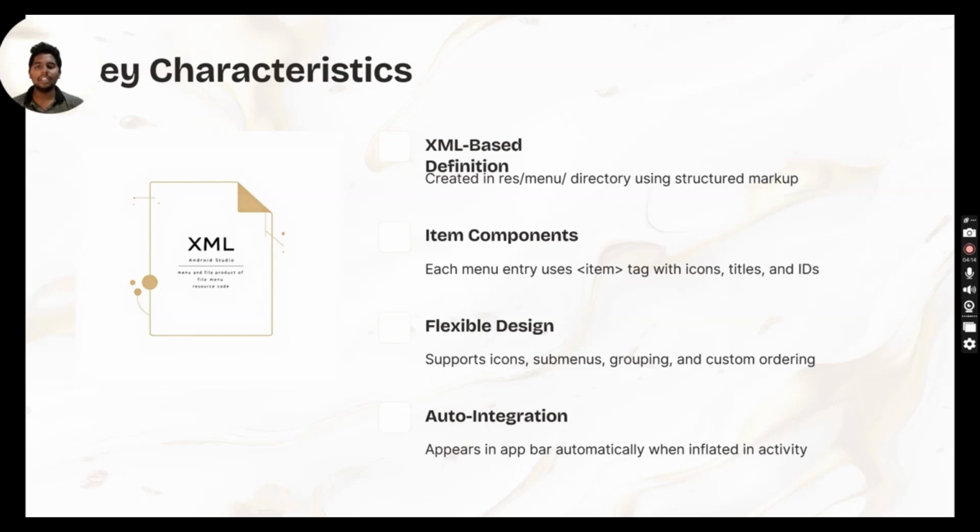Next, key characteristics. The key characteristics of the options menu are XML based definition, created in the menu folder.